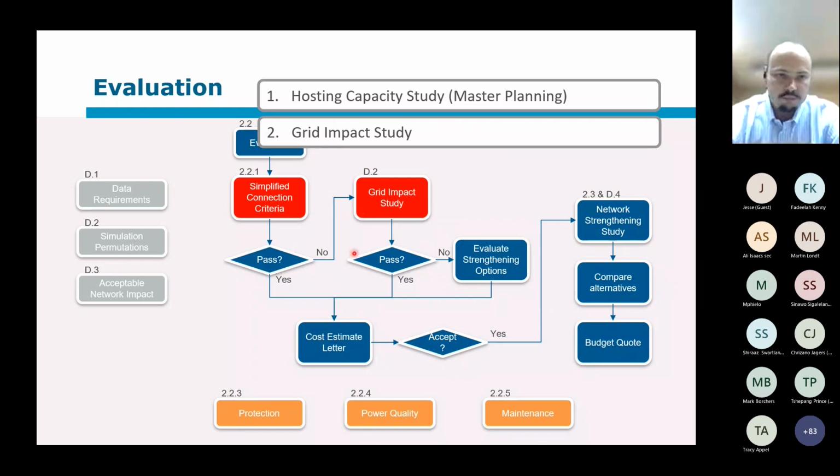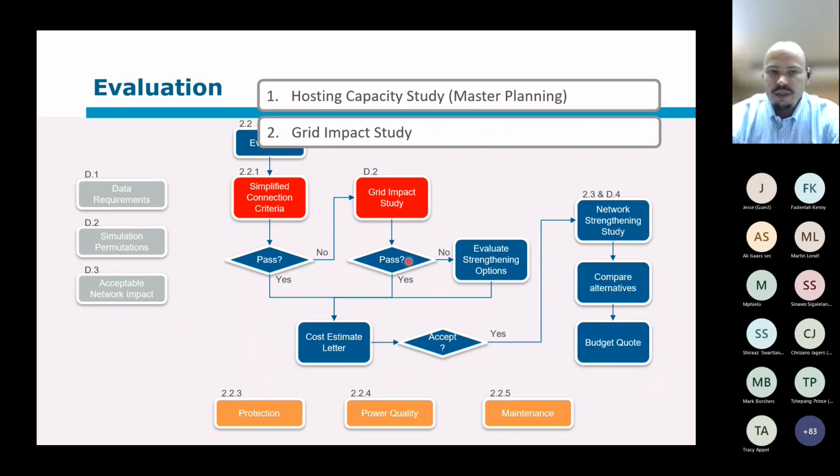If it doesn't pass all of these acceptable network impacts, I would say evaluate the strengthening options. Don't do any real studies yet. If you know the voltage change is just a little bit too high, maybe increase the conductor size. Or just say, okay, I am going to exchange the transformer for a larger one because that will strengthen my network sufficiently.